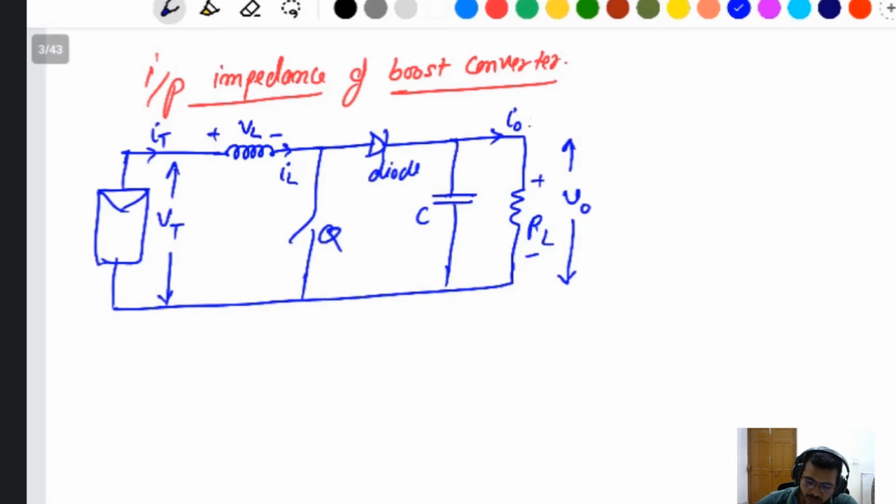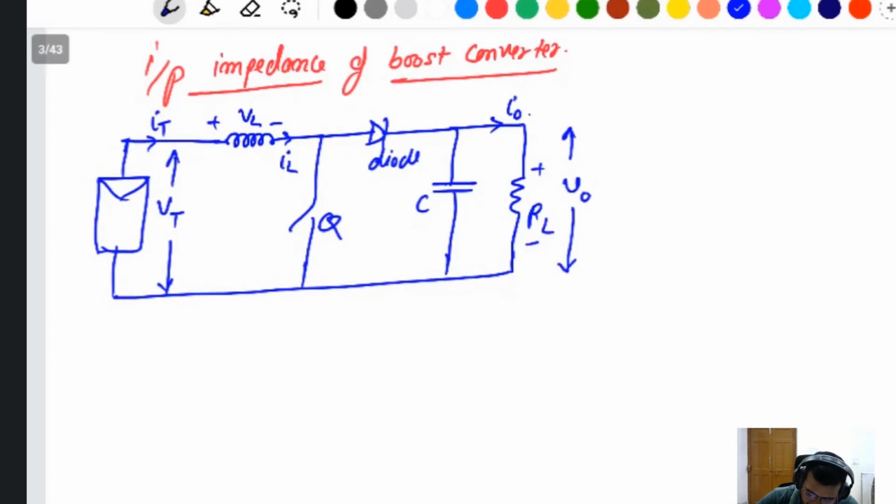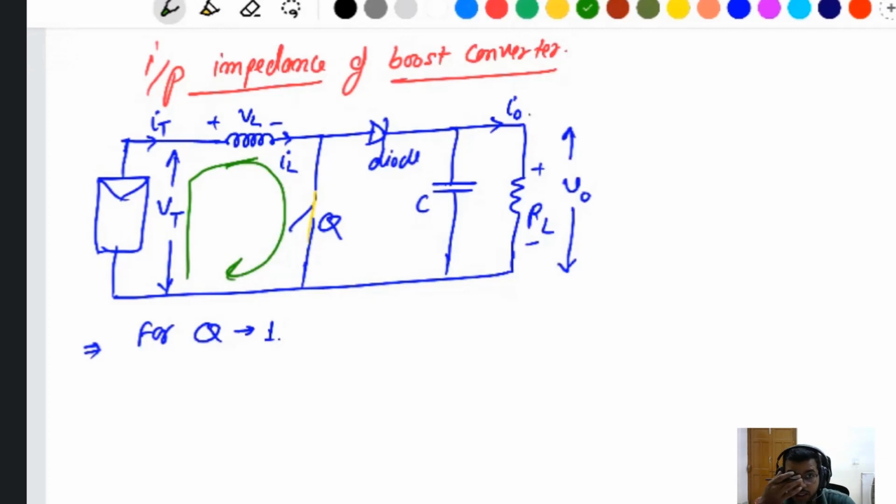I think we know about the buck converter and boost converter. When the switch is on, it means Q is 1. The switch is closed, and current flows like that, which means the inductor will be charged. Then what is VL?